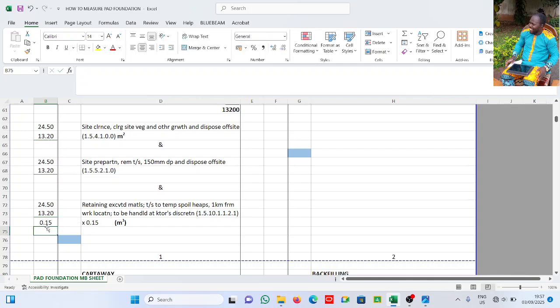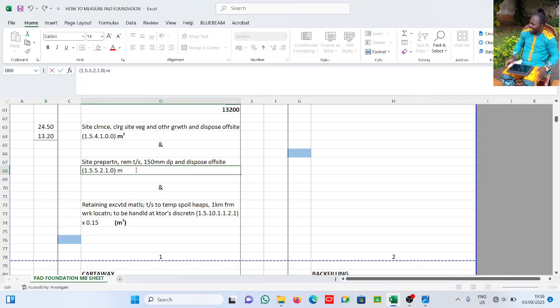I just use "and" to connect them. What it means is you're just trying to tell your examiner that you have an understanding of measurement and you know how to link these things. That is just what it means. All right. So this is in square meter. Let me copy this.